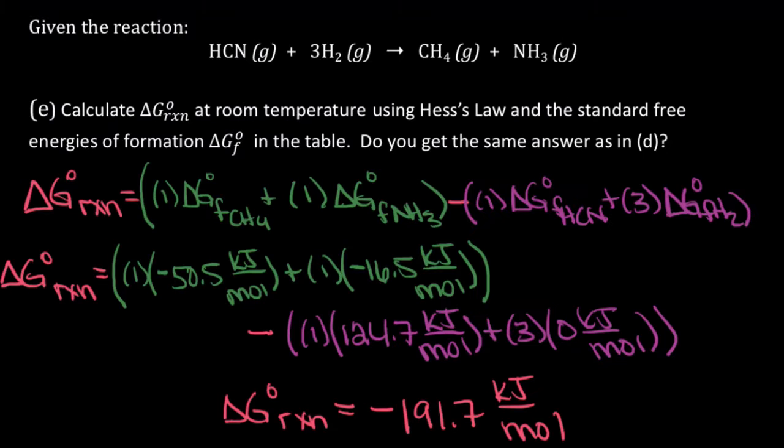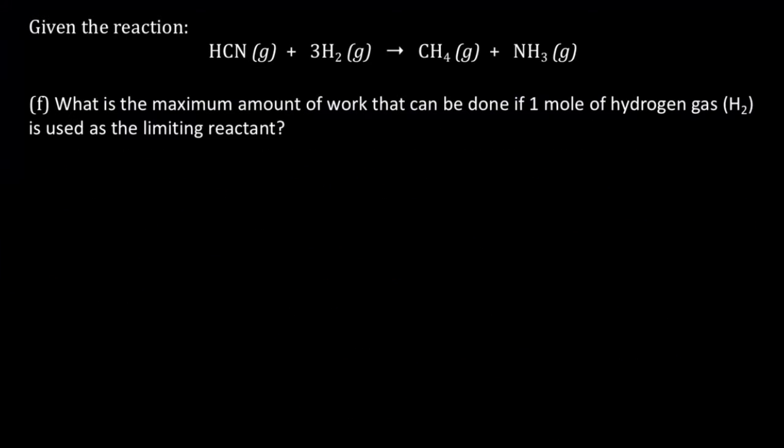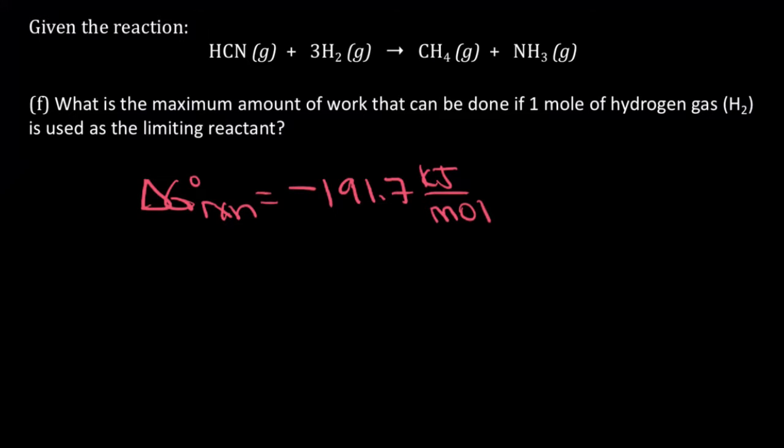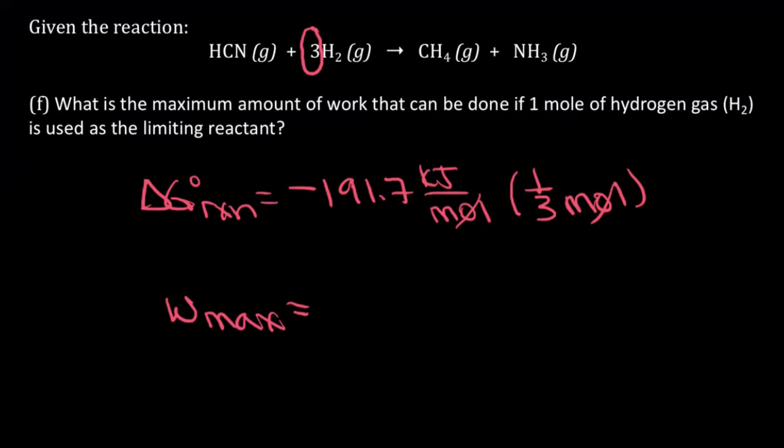Well, we just found that the delta G for the reaction was negative 191.7 kilojoules per mole. But that was when we had 3 moles of hydrogen gas. If we just have 1 mole of hydrogen gas, we just have to multiply that amount by 1/3 of a mole. The moles cancel, and we get the maximum work is 63.9 kilojoules.